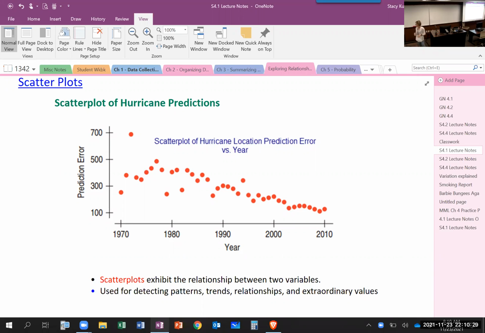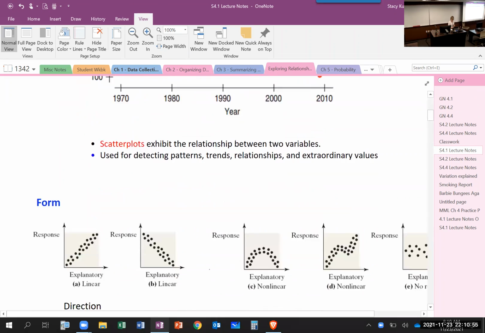All right, which is why I think it's called a scatter plot. And we look at a scatter plot so that we can try to identify any trends, any relationships, and any patterns that we might find. So it is a way for us to understand the data. I'm looking at this relationship between two variables.